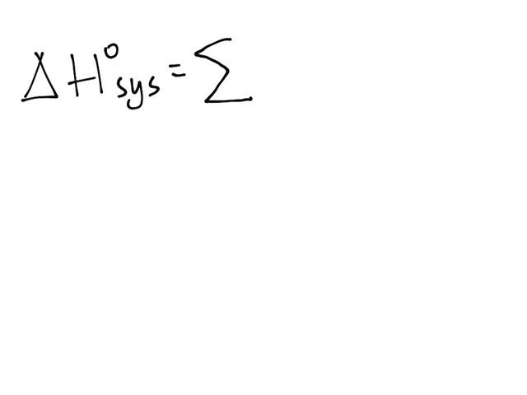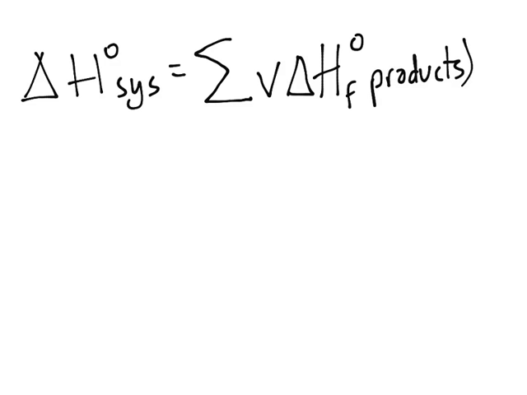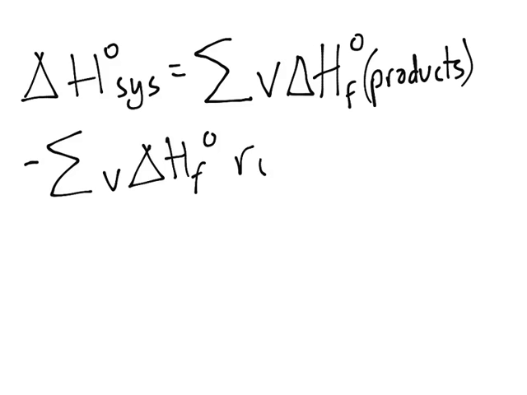So, the enthalpy change of our system is going to be equal to, first, the sum, I will explain each of the things later, of the products minus the sum of the reactants.